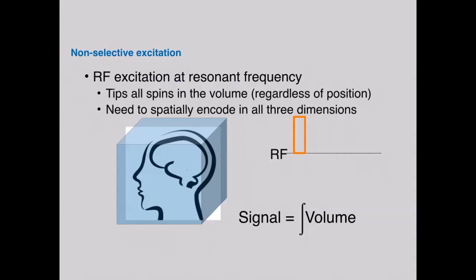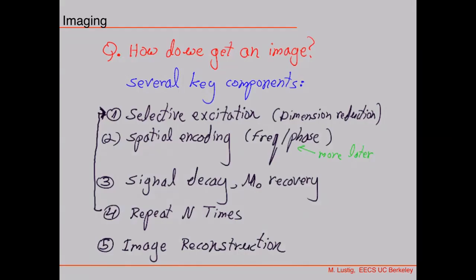Okay. So how do we get an image? There are several key components. One is that we're going to excite the volume, but instead of exciting the entire volume, we're only going to excite a single slice within the volume. What's called a slice selective excitation.